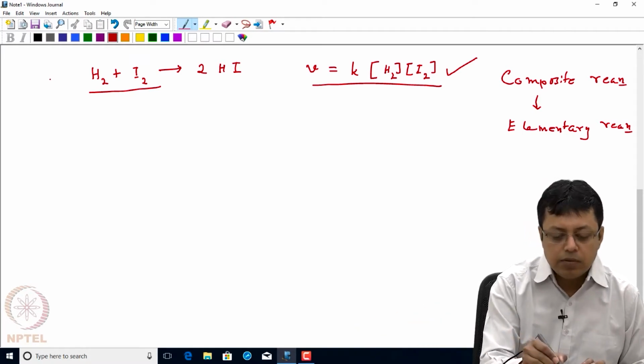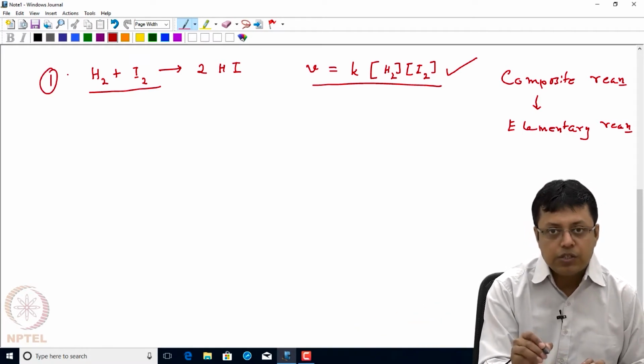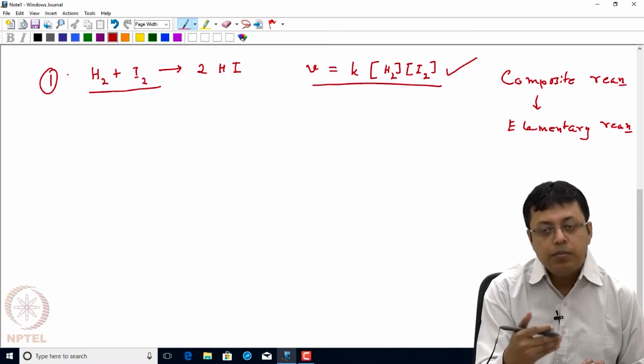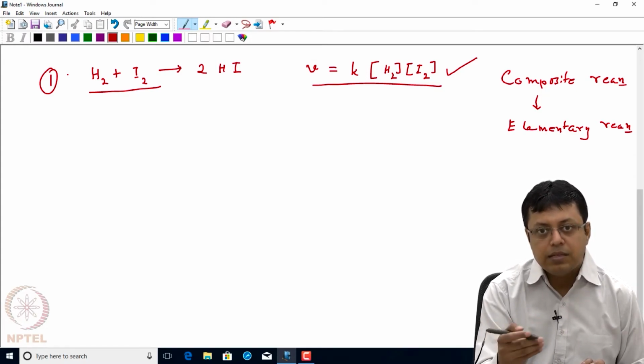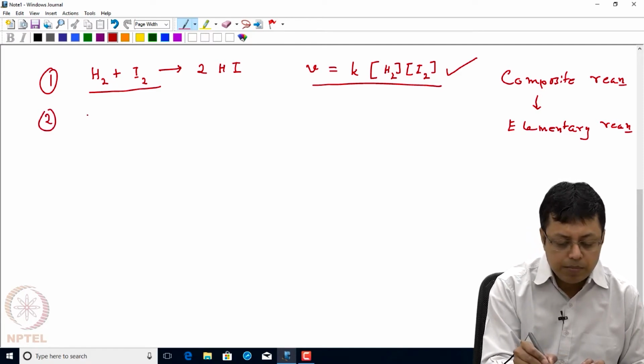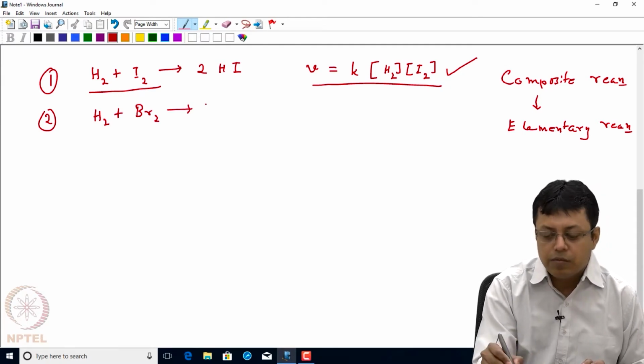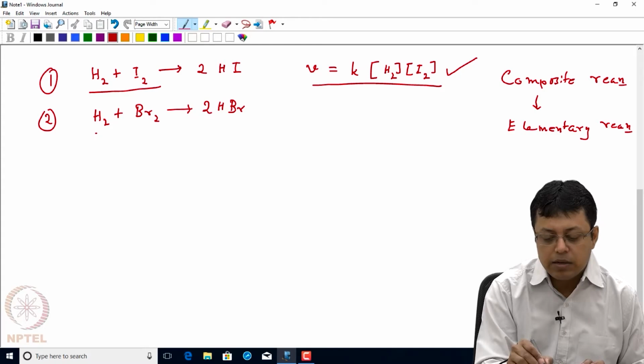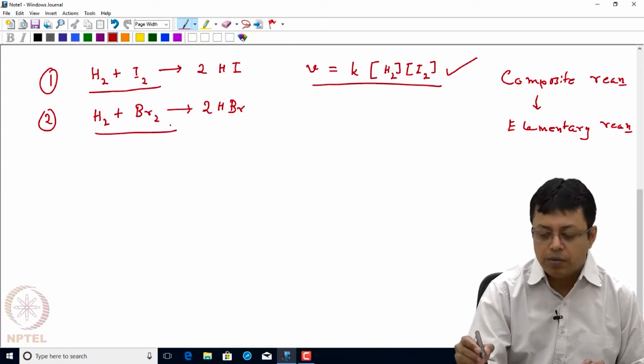Now as I said, most of the reactions I'm writing here are actually composite reactions. From the rate law, it may look like an elementary reaction, but most of them are not. I'll give another example of this type, the hydrogen and bromine reaction. You see that this reaction is very similar to the previous one; instead of iodine, it is hydrogen and bromine.